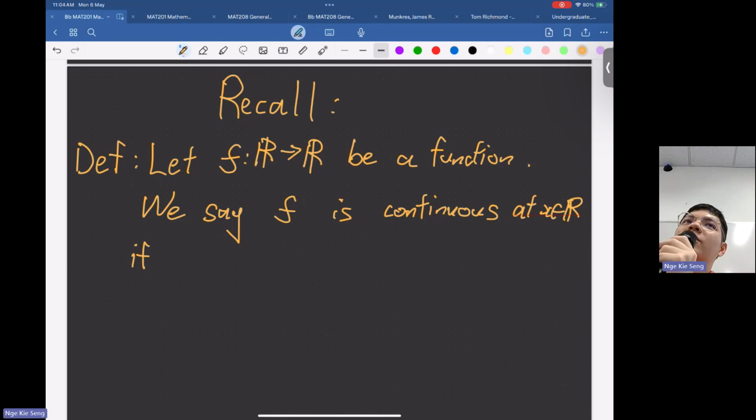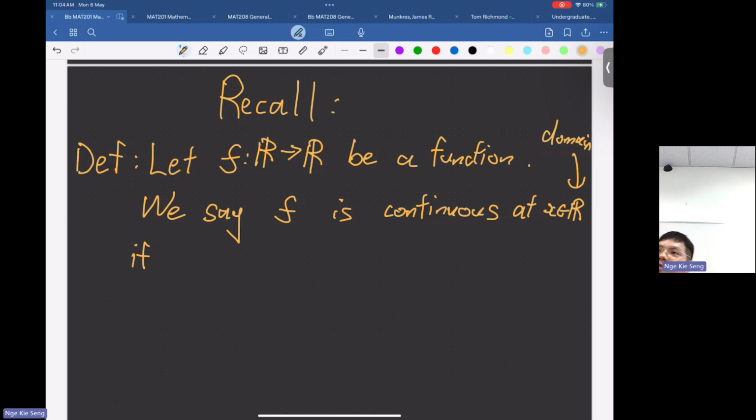So what two sequences are we checking here? There's a point here, we call it x, in the R here, which we refer to as the domain part.